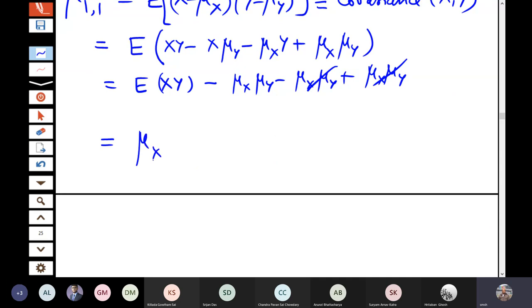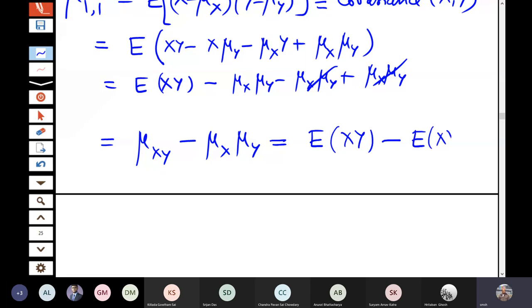So we can also write this as mu xy minus mu x mu y. The formula for the covariance is the expectation of xy minus the expectation of x into the expectation of y. Is it clear?